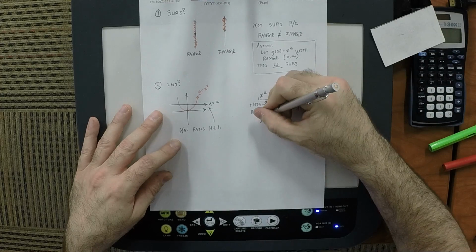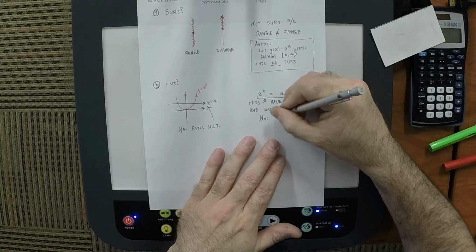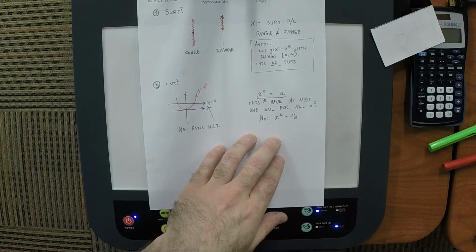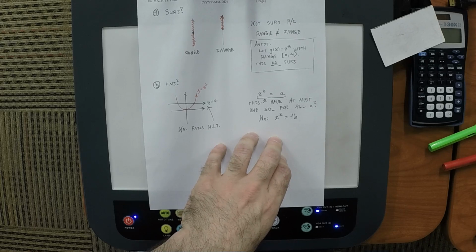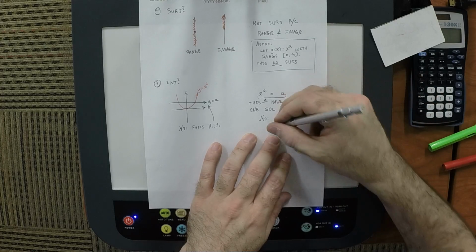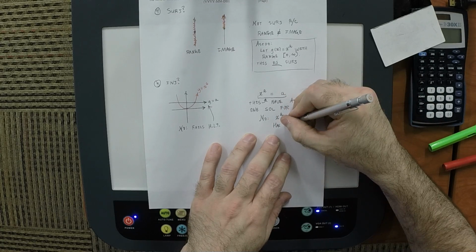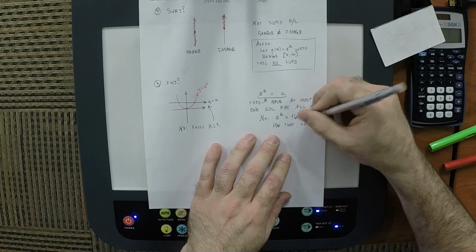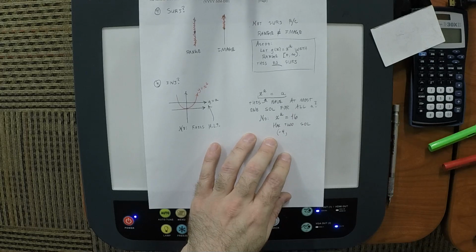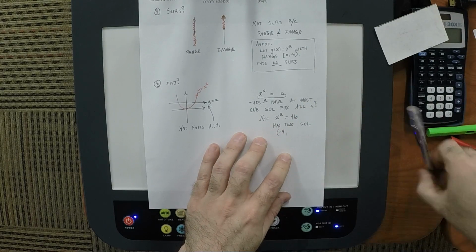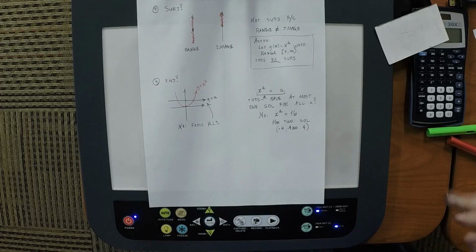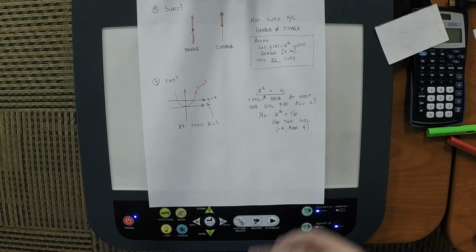And the answer is no, because we could consider the specific example of x squared is equal to 16. That is to say, what if a is 16? Then the answer is no, because this one has two solutions. Okay. Any question about this? All right.